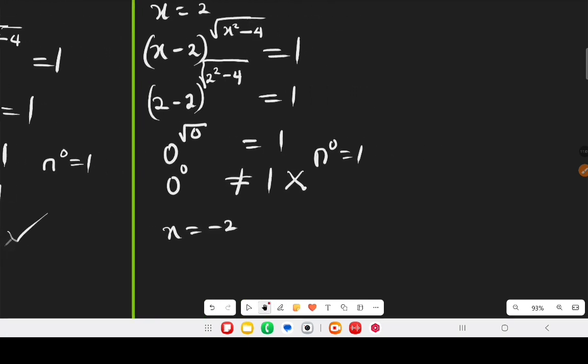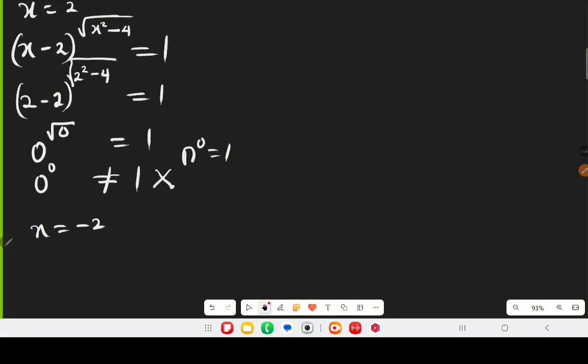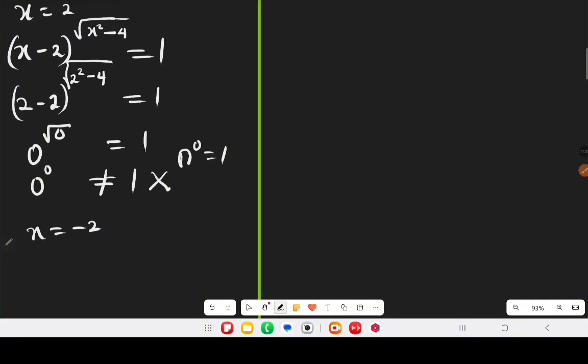Then we go back to the original equation and look for the second solution. From the original equation, (x − 2) raised to the power of the square root of x² − 4 equal to 1. In the law of indices, n raised to the power of 0 is equal to 1. Or we can still apply it where the base is 1, so that 1 raised to any power is 1.